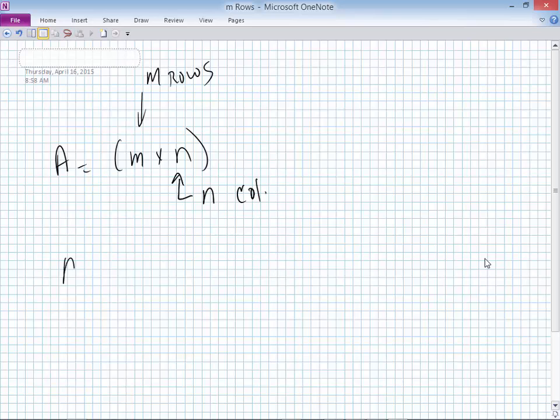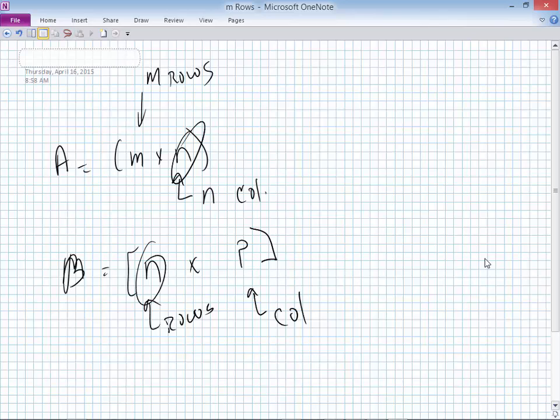And B, in order to multiply, has to be N rows times P columns. These two have to match each other. Those have to match in order to multiply these matrices. They have to match.